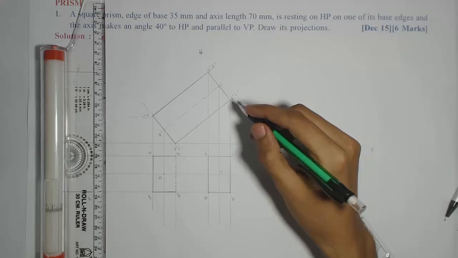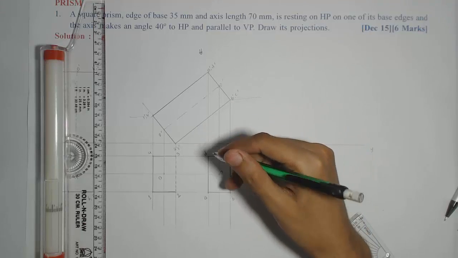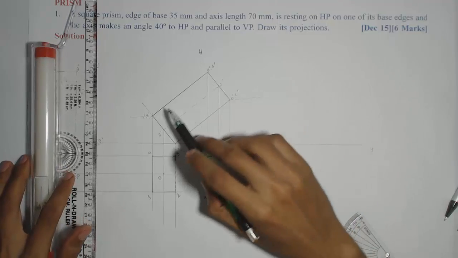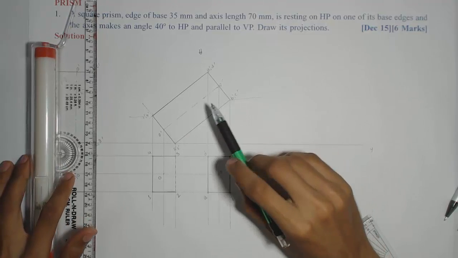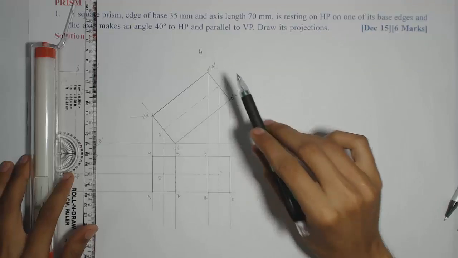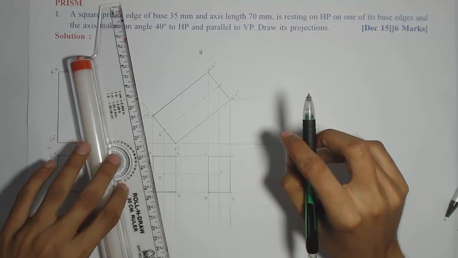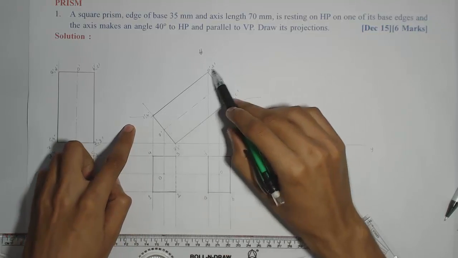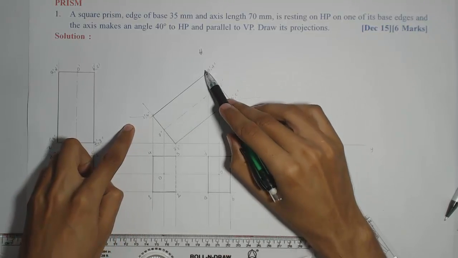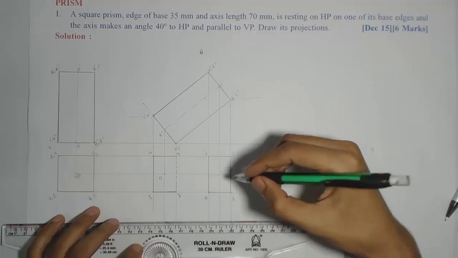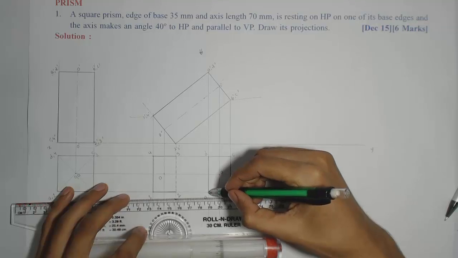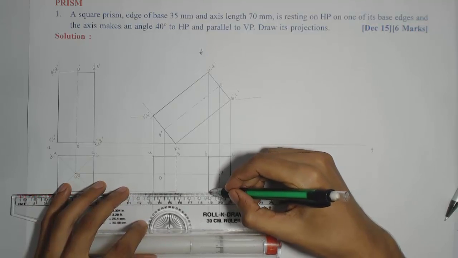Okay. Now after completing the bases 1, 2, 3, 4 and ABCD, I'll move to the vertical edges, which are 1A, 2B, then 3C and 4D. So if I see, 1A and 4D are nearest to the observer, so they will be dark. So I'll mark 1A, out of which 1, 2 is already coinciding with some part of 1A.